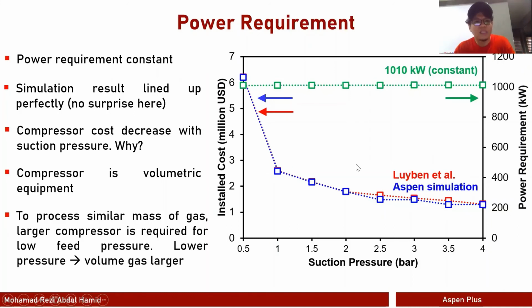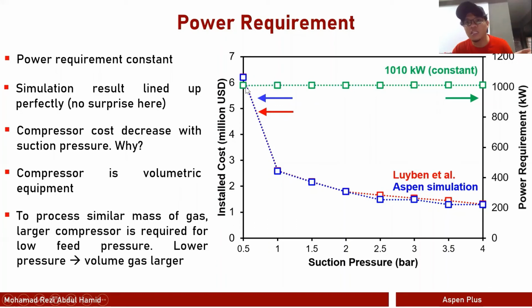Now you may ask why the compressor cost significantly decreases with suction pressure. If you remember, if you are using the Douglas correlation or a certain correlation, they are all a function of power requirement, horsepower, right?